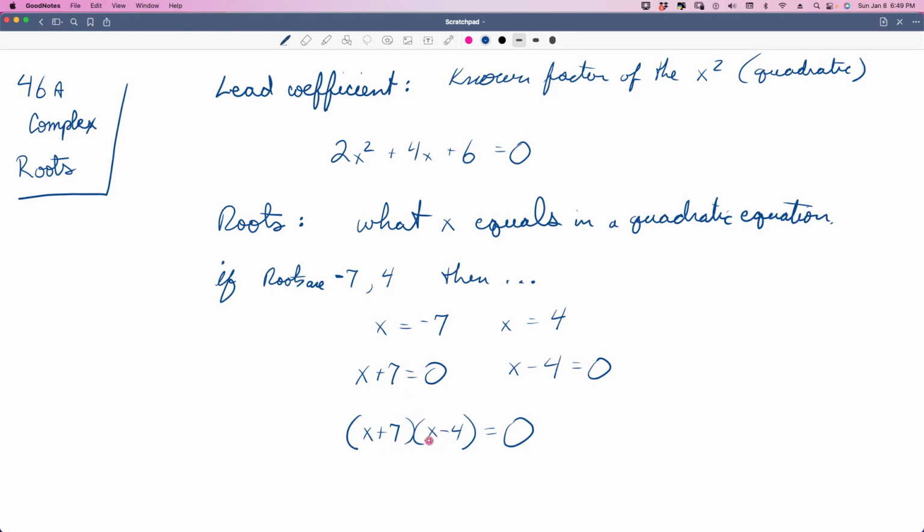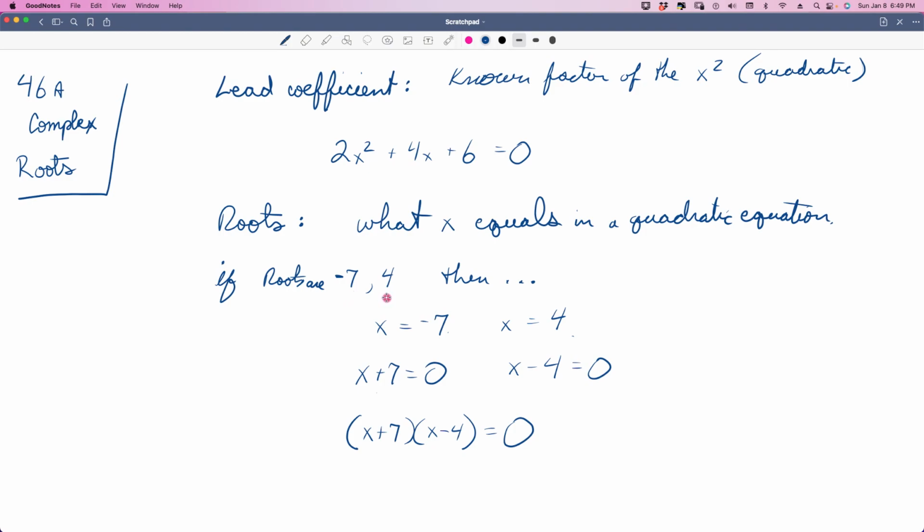So that means we have factored, and we have two binomial expressions that become our factors. And what we would do is set each one of them equal to 0, which would then determine our root by subtracting 7 from both sides. Then x would be equal to -7, or adding 4 to both sides, x would be equal to 4. So our roots would then be -7 and 4.